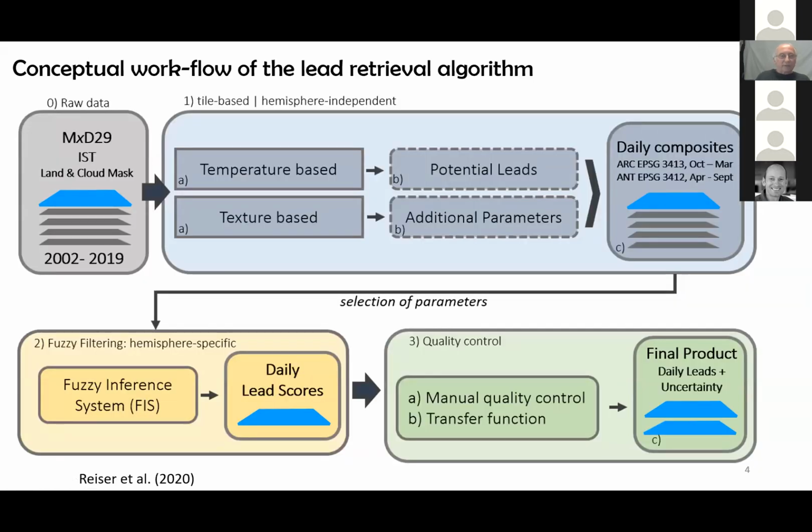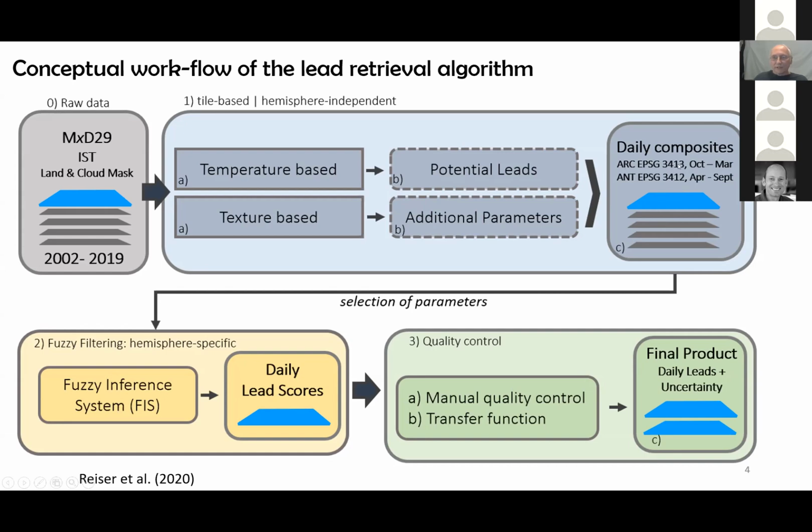The conceptual scheme of the algorithm is shown here. We use all the available data of the infrared imagery. We take temperature-based and texture-based techniques to detect leads, and also additional parameters, which we'll show in a minute. It gives daily composites of leads for the winter period.